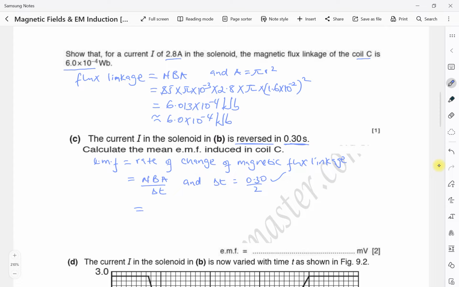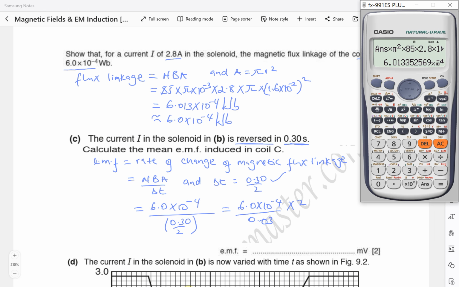Therefore, the induced EMF is going to be NBA, which is 6.0 times 10 to the power of minus 4, divided by the time, which is 0.30 divided by 2. That is the same as 6.0 times 10 to the power of minus 4 times 2 divided by 0.3.